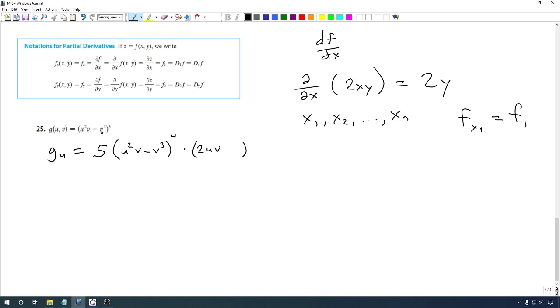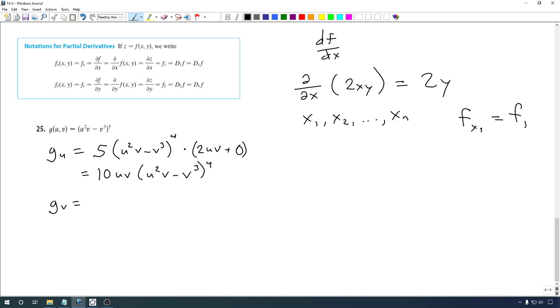Derivative of negative v cubed, well, v cubed is a constant, so we're treating that as a 0. Or in other words, if we go ahead and pull that out in front, because I feel like that looks a little nicer, we have 10uv times u squared v minus v cubed to the fourth power. Well, that's the derivative with respect to u.